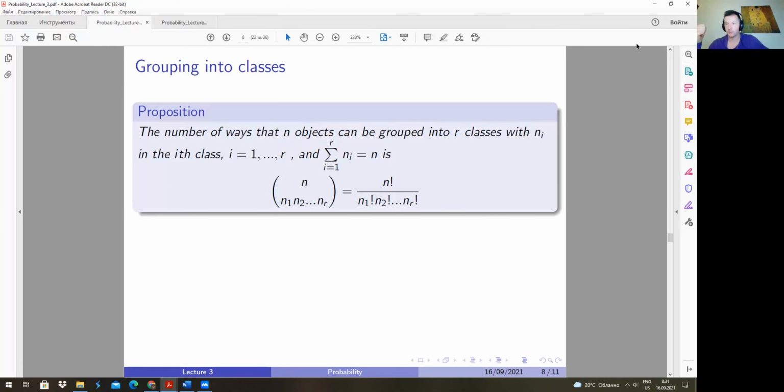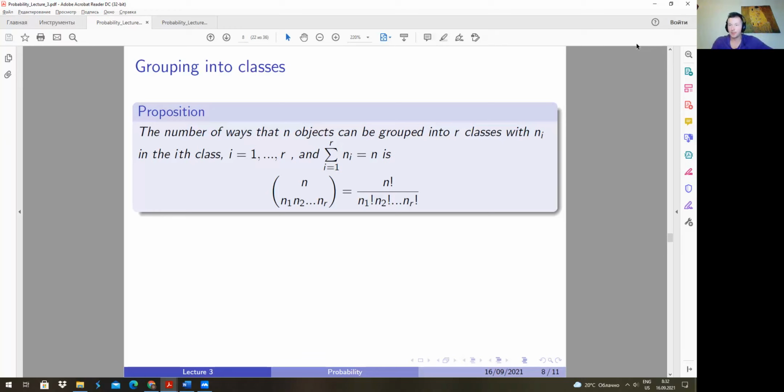So first question, do I care about the ordering? No, because for me it matters only that these 5 people are in the first group. I'm not particularly interested who is the first, who is the second, who is the third, right? It's not lining up. It's just a subset of students.